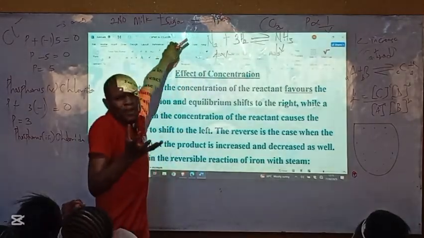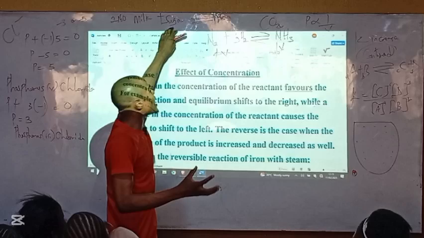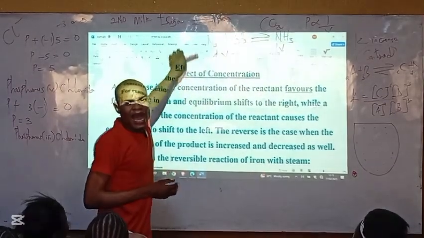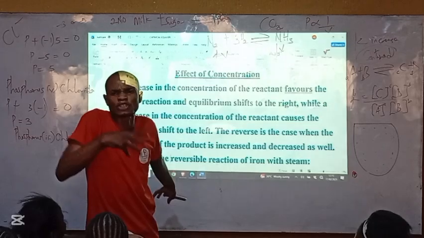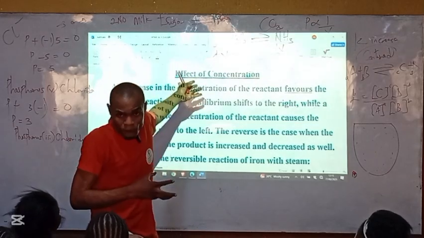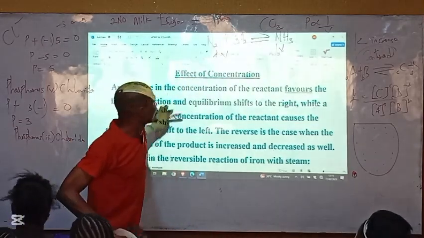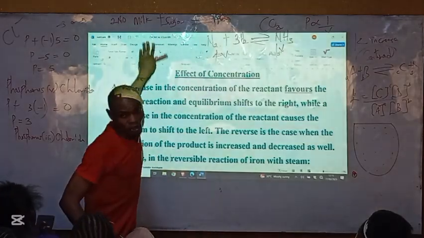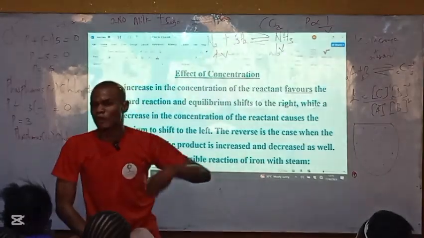If I take part of those sugar, I have reduced the concentration of the system, of the reactant. I have reduced the concentration of the what? If I take part of the milk also, I have reduced the concentration of the reactant.